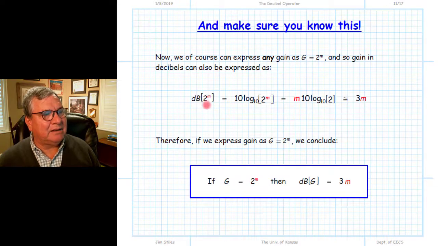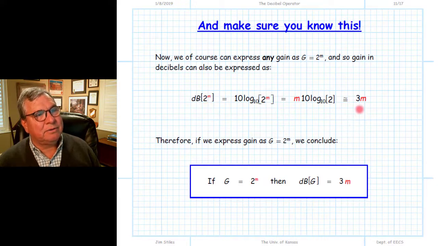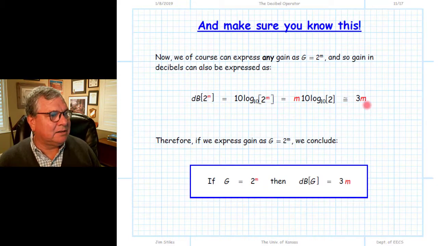The gain of 2, which is 2 to the 1, has m equal to 1, and we multiply that 1 by 3 and get 3. 2 squared would be 2 times 3 or 6. 2 to the third would be 3 times 3 or 9, and so forth.